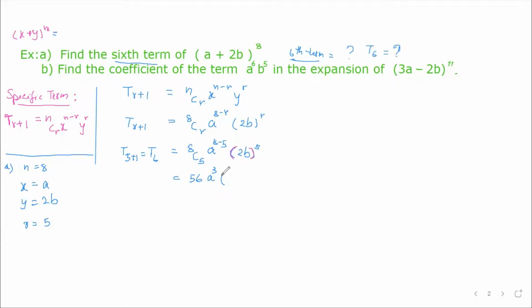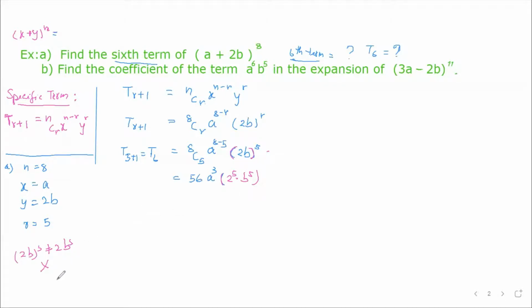That means you have to get 2 power 5 times b power 5. Remember, 2b power 5, I write down here, is not equal to 2b power 5. This is wrong, okay? You must have the index, so it should be 2 power 5 b power 5.